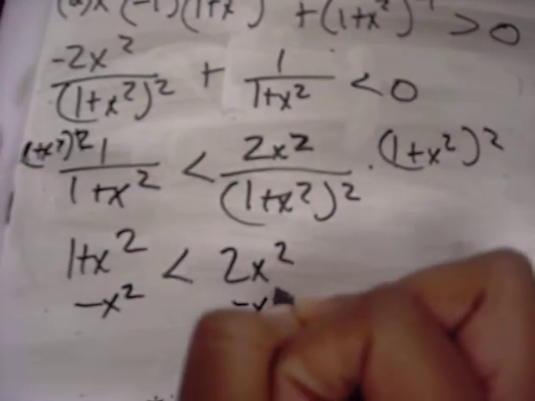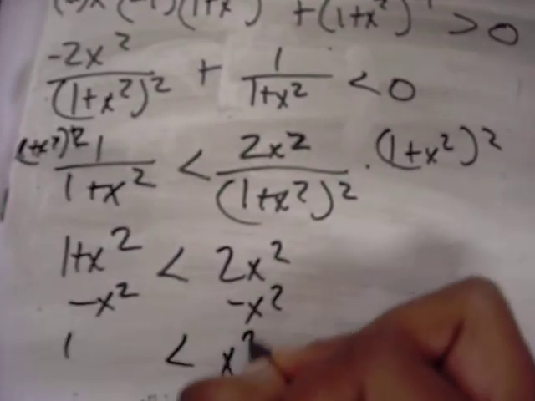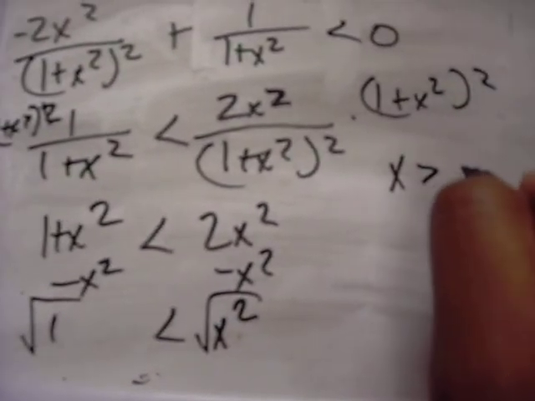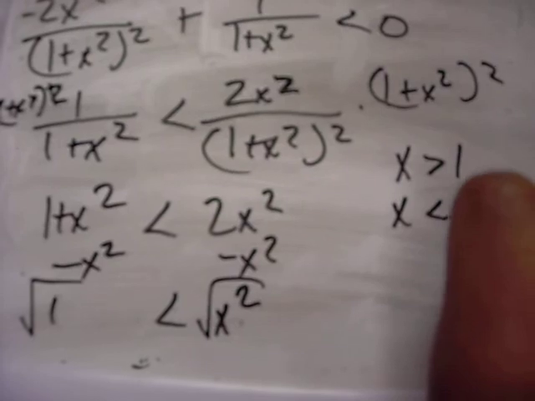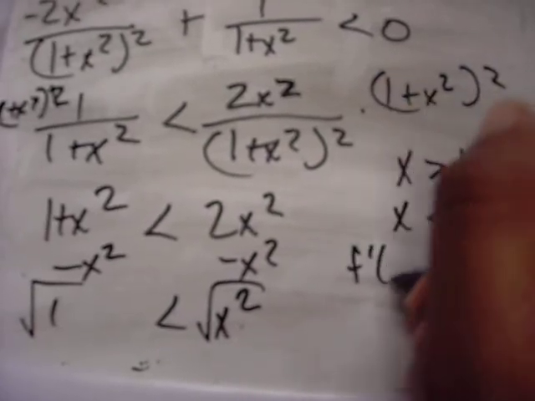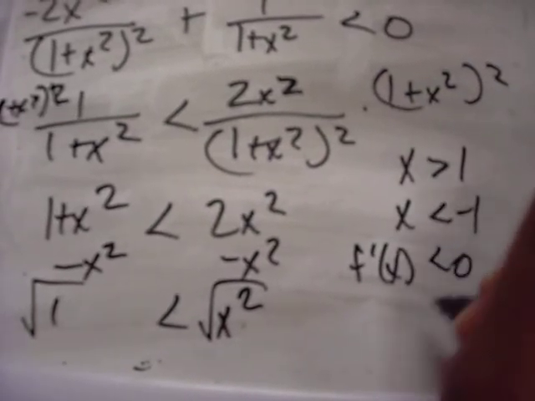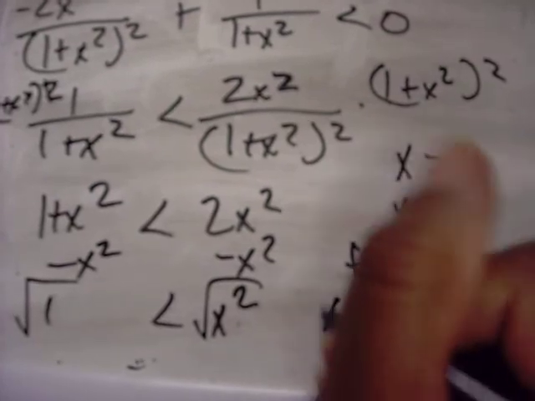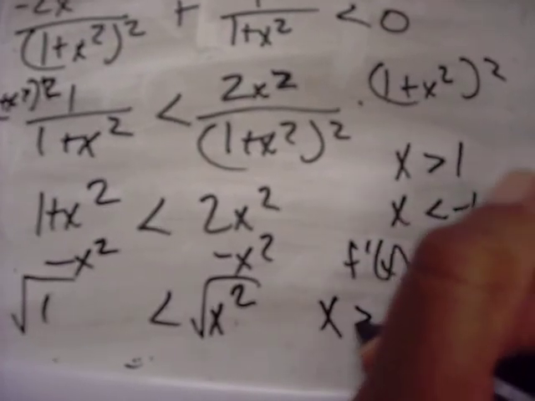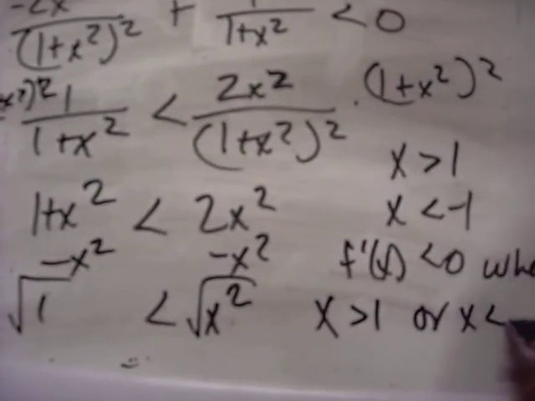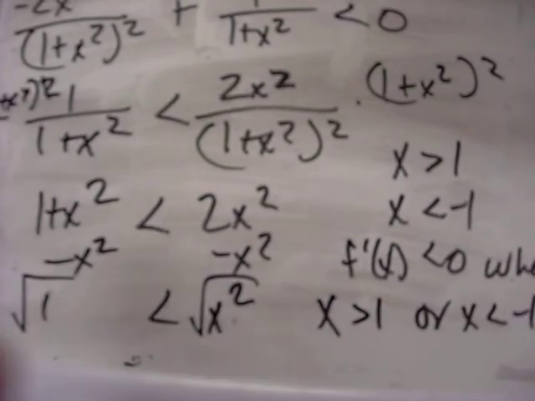Subtract x squared from both sides. 1 is less than x squared. And you do this again. And you're left with x is greater than 1 and x is less than negative 1. So the derivative is less than 0 when x is greater than 1 or x is less than negative 1. And that's how you do 49.